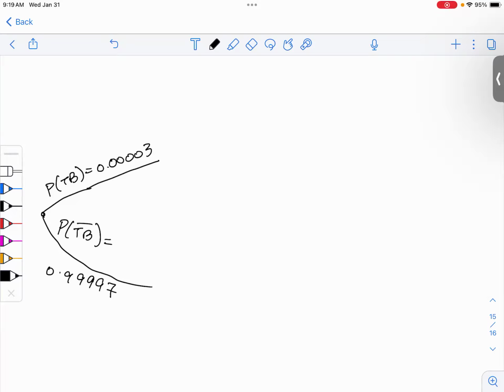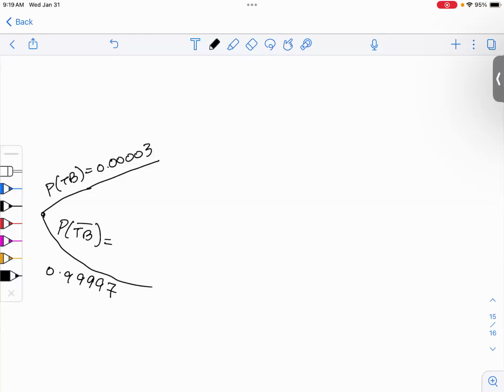Now, I know I was talking about 4 decimal rounding, but we have very, very small numbers. So it's always better to be more precise, and especially 3 out of 100,000 ends up as a very small number. And so we want to just be as precise as possible here.